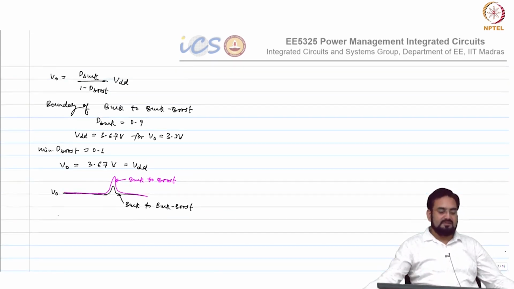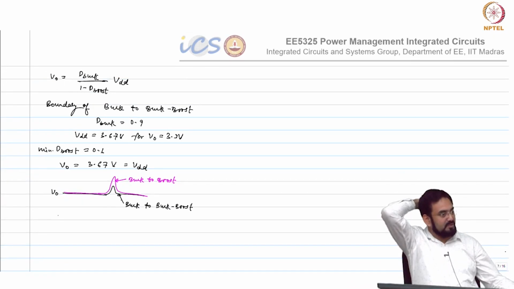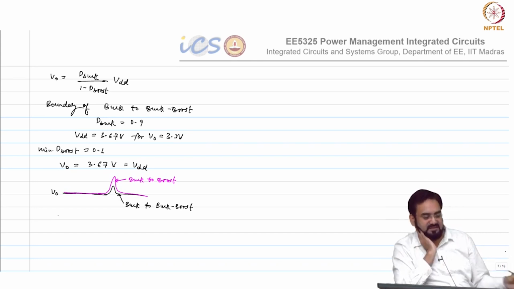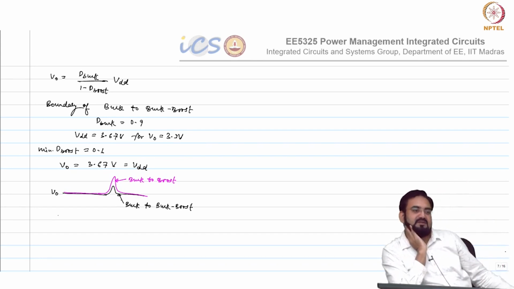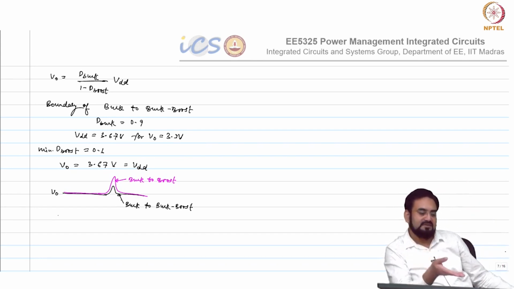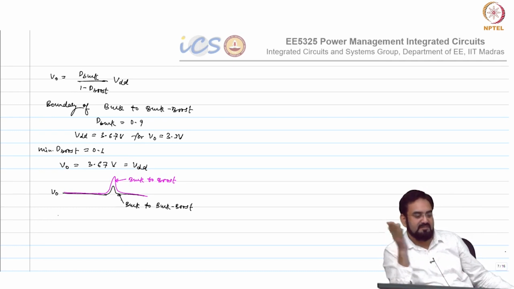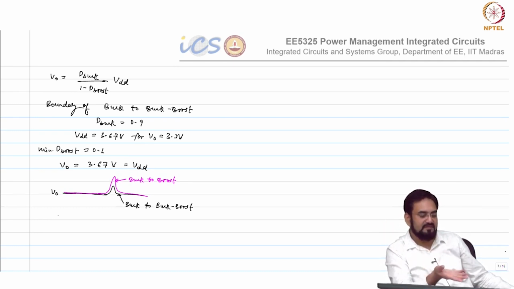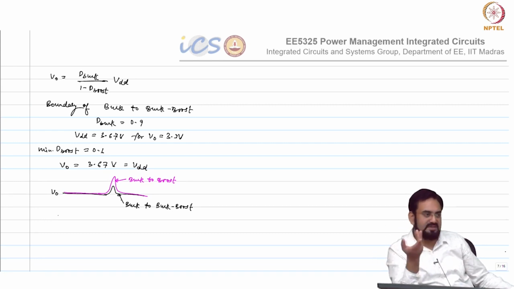Okay. So in one case you will see the overshoot will be more, and let us say my spec is 5% roughly. This is way far from that. That guy is going 700 millivolt. 5% of 3.3 volt is how much? 160 millivolt roughly.